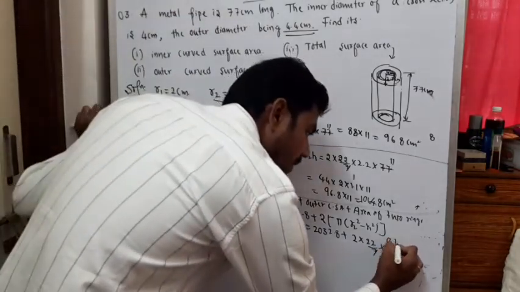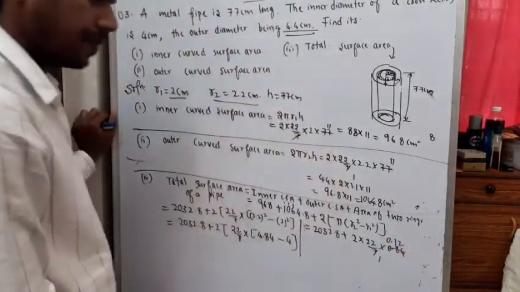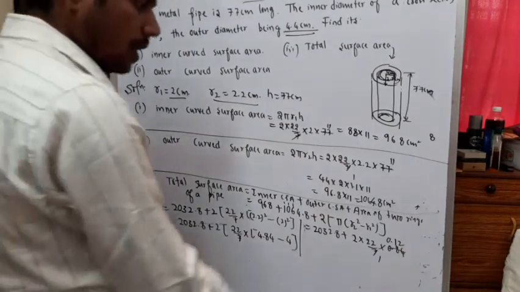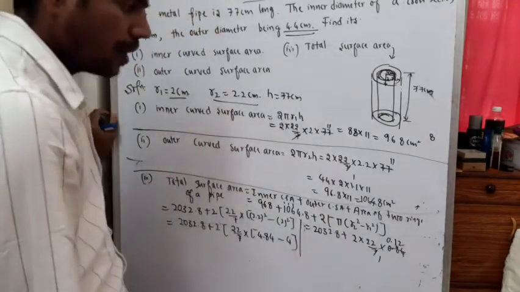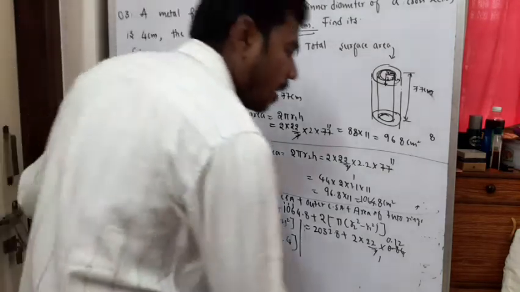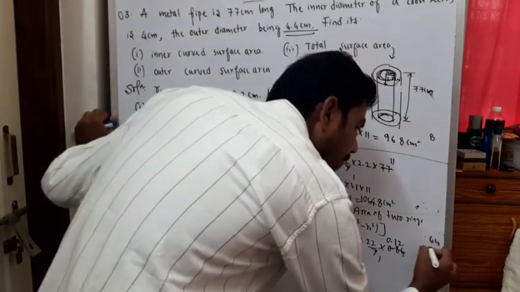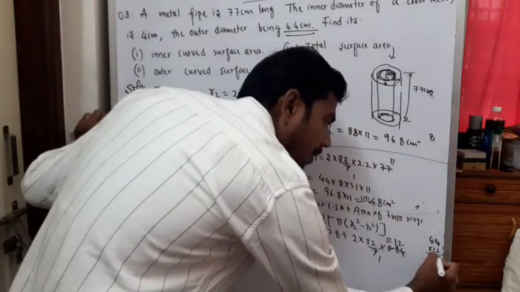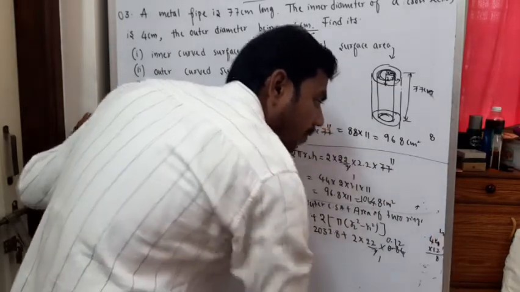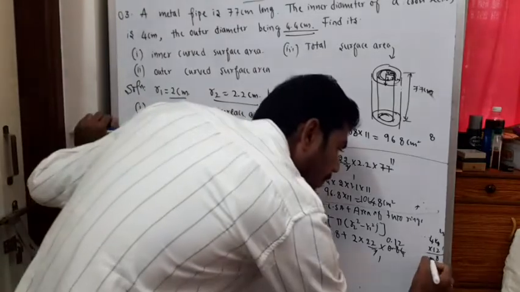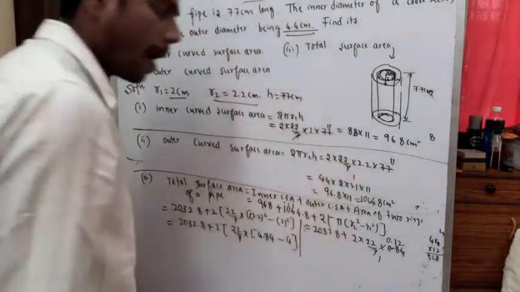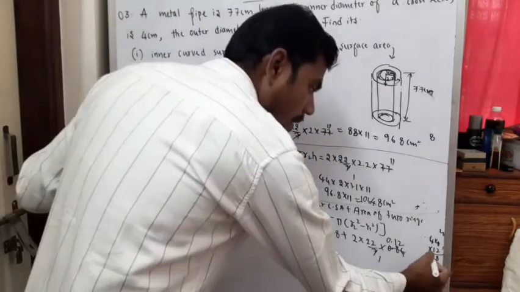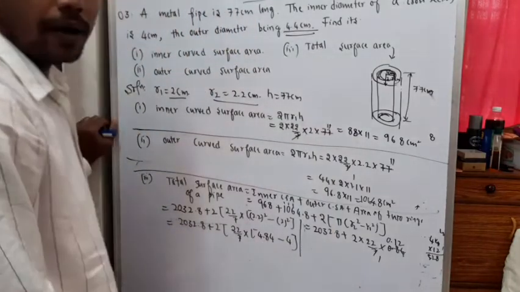Again 7 1s are 7. 7 2s are 14. So 22 2s are 44. 44 into 12. 12 4s are 48. 12 4s are 48 plus 4 is 52. That is 5.28 because we have 0.12.